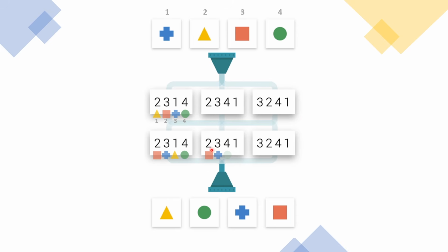And so then 2, again square, 3 is the cross, circle, triangle. Again, we do a quick check to see if that's the right answer, and it's clearly not. So we move on to the next operation, and 3, which is the cross, 2 is the square, 4 is the circle, and the last one is 1, which is the triangle.